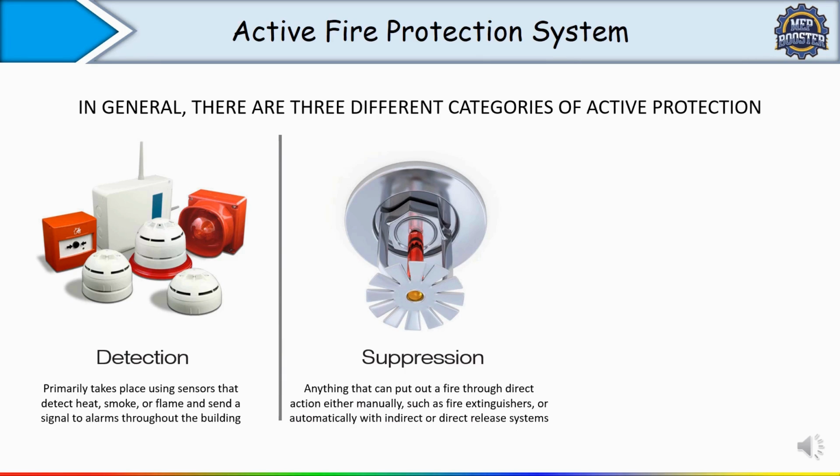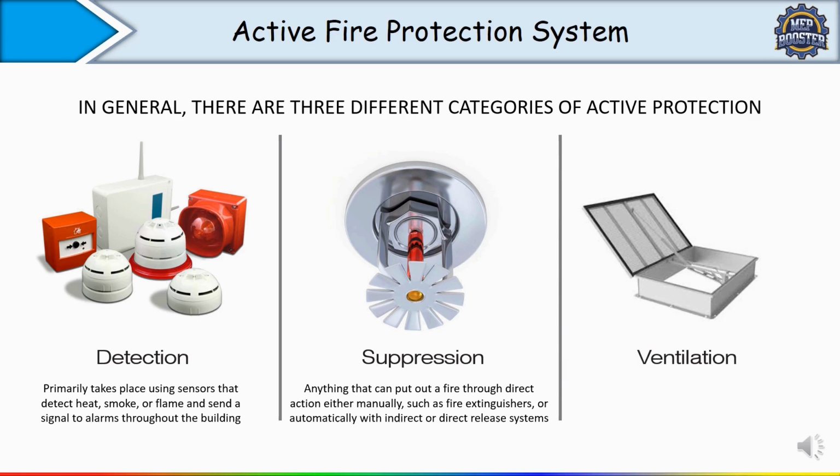Anything that can put out a fire through direct action, either manually, such as a fire extinguisher, or automatically with an indirect or direct release system, is called a suppression system. Third one is the ventilation. Keeping evacuation routes smoke free with fire resistant fans. Simple. Okay. So there are three different categories of active protection system: detection, suppression, ventilation.